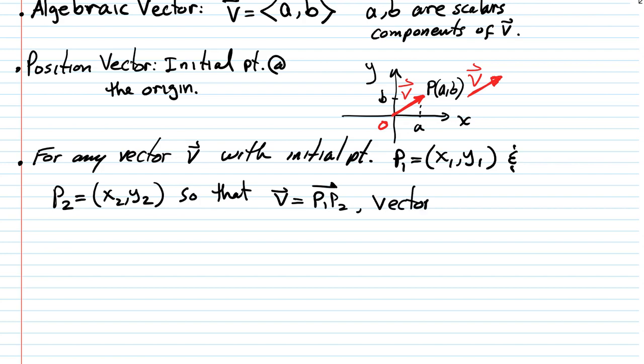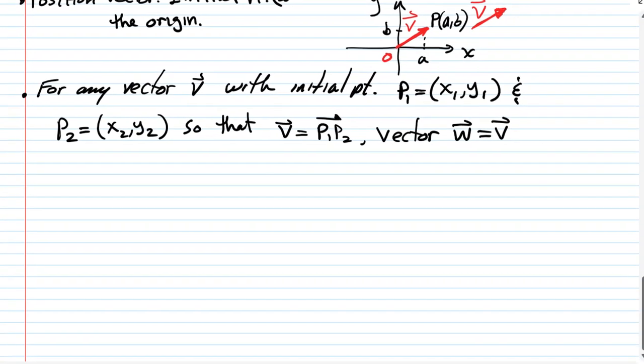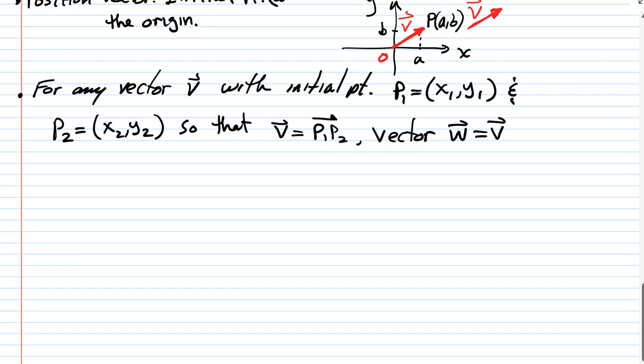We can define another vector W that's equal to V. That means it has the same direction and the same magnitude, except it's located elsewhere. Vector W, so that W is x2 minus x1, y2 minus y1, is a position vector.